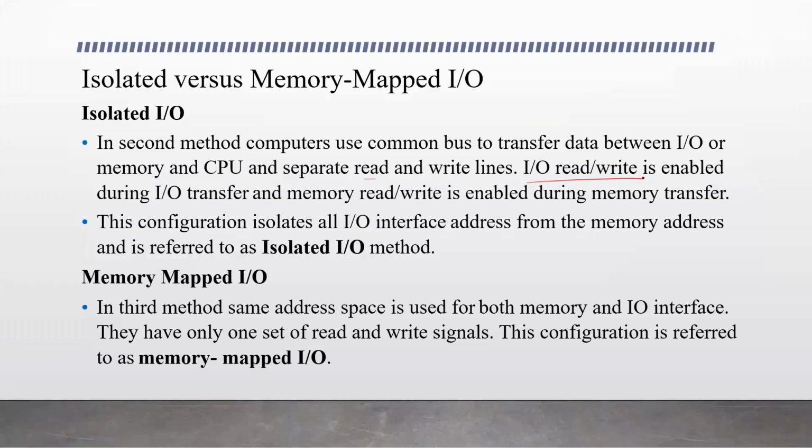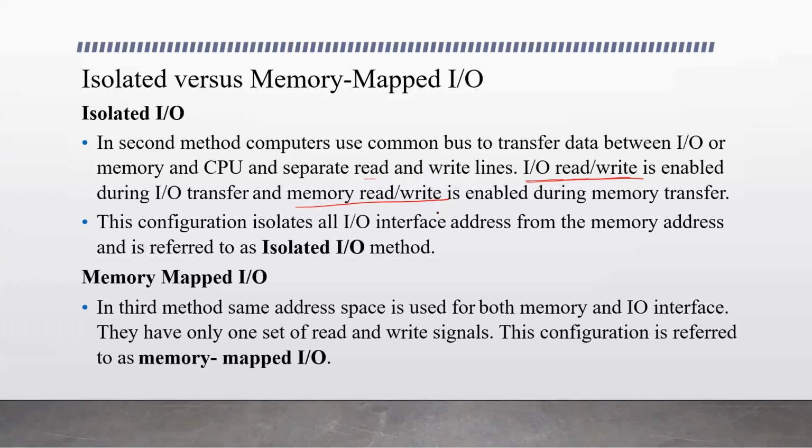When there is a transfer between the processor and an I/O device, I/O read-write is enabled, and memory read-write is enabled during memory transfer. As there is a common line, the transfer between the processor and the other two devices is controlled by these control lines.